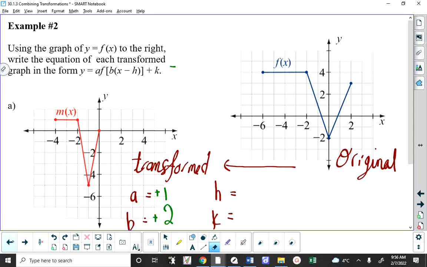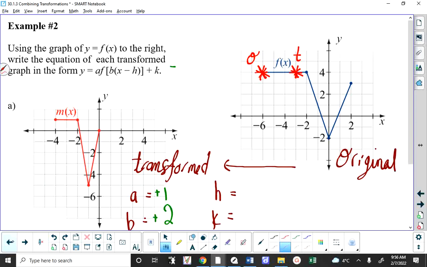So if I take this point and I stretch it vertically by a factor of 1, it doesn't move. If I stretch it horizontally by a factor of 1/2, it will end up being here. So this is where this point on the original function will land on the transformed function if I just apply A and B.